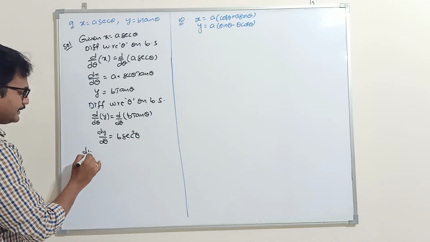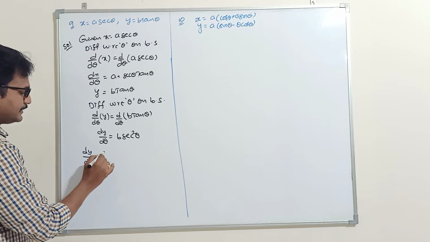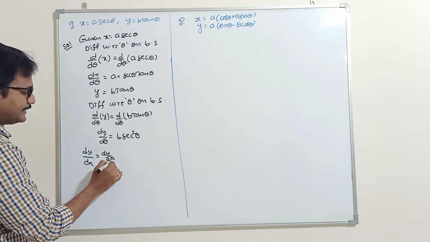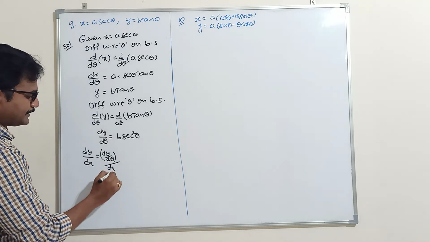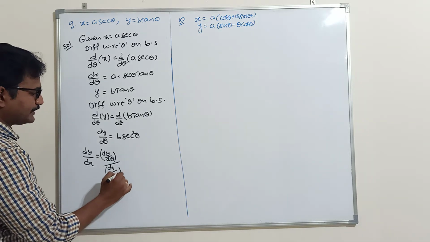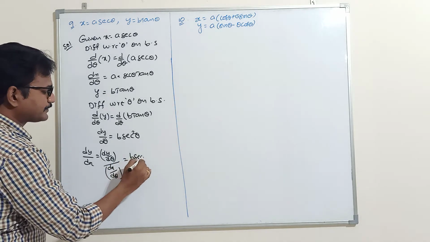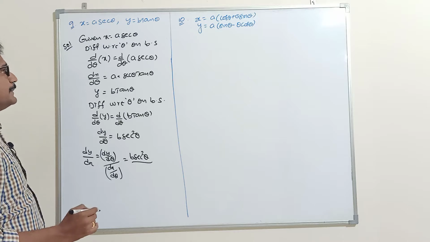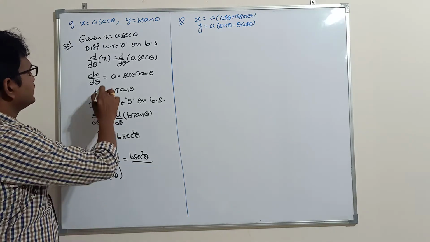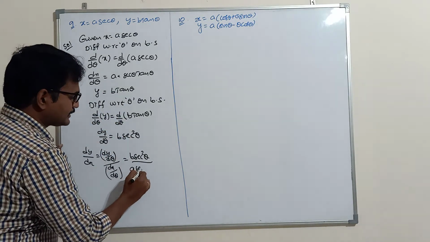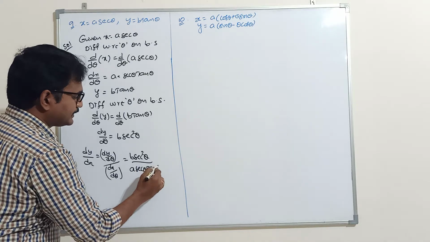Finally what we need to find? dy by dx. dy by dx means dy by d theta by dx by d theta. What is dy by d theta? b secant square theta by dx by d theta, which is a sec theta into tan theta.